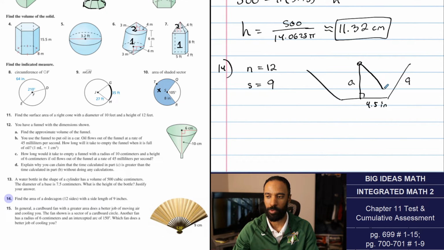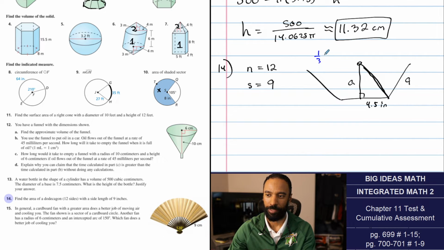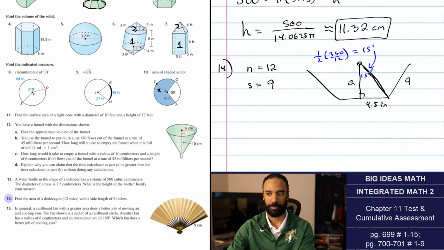This is going to be the same thing we did in previous ones. The central angle, the entire thing right here, is 360 divided by 12. We're going to divide that number by 2. I never write it this way, but I'm going to right now: 1/2 of 360 over 12. 360 over 12 is 30. Half of 30 is 15. So 15 degrees is what goes there.